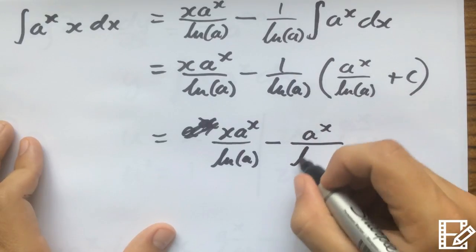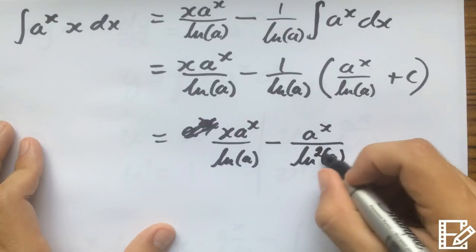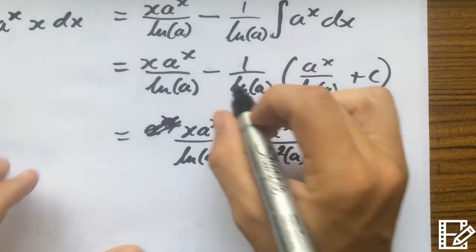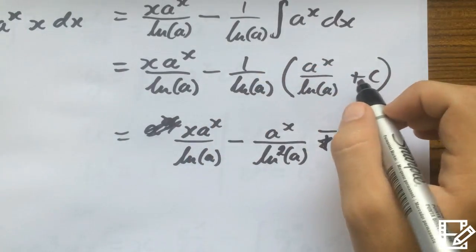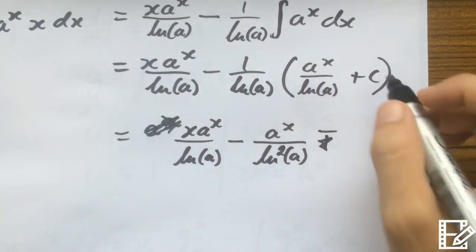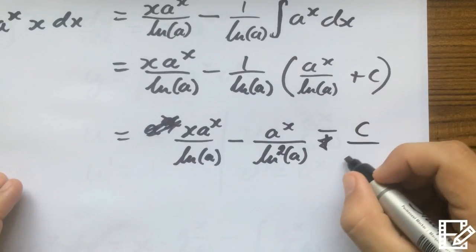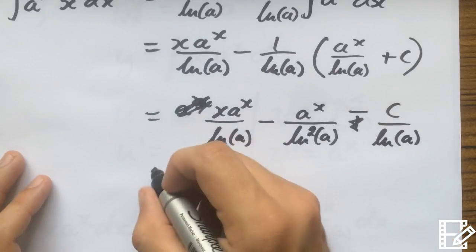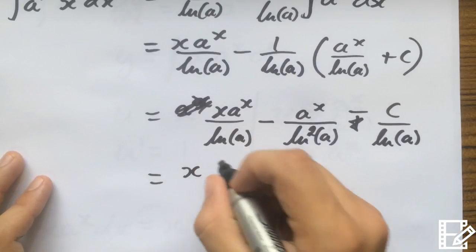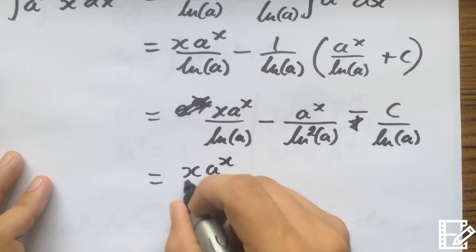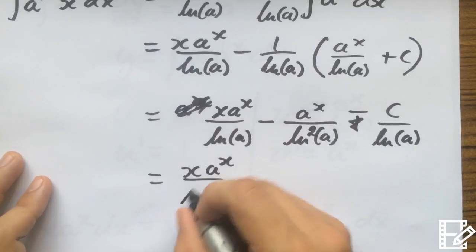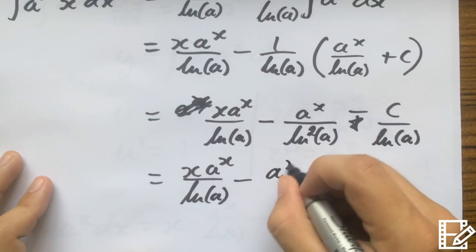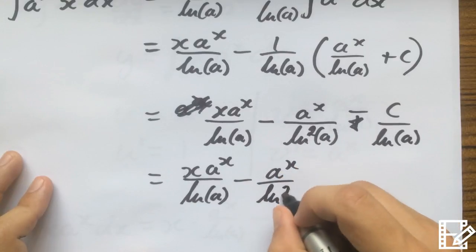It's a to the x over ln of a squared. Plus, minus, because it's a negative we're multiplying in. So a negative 1 over ln of a multiplied by c over ln of a. This stays the same, x multiplied by a to the x, ln of a, minus a to the x over ln squared of a.